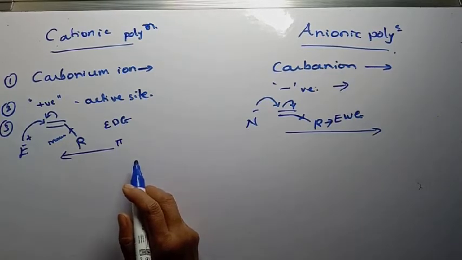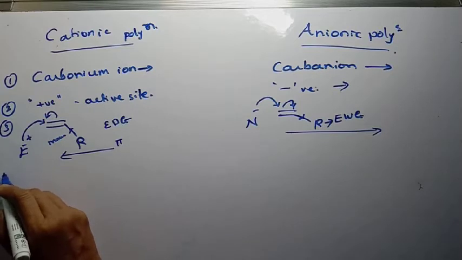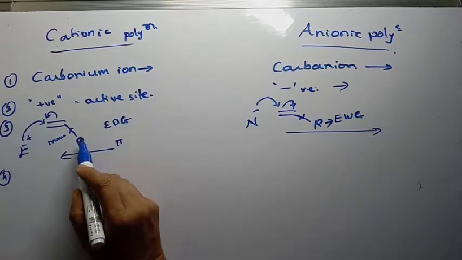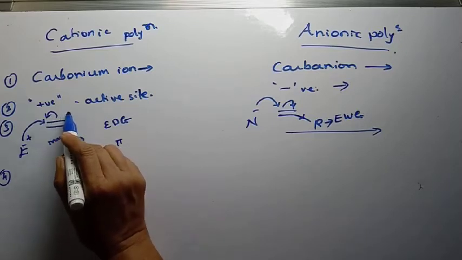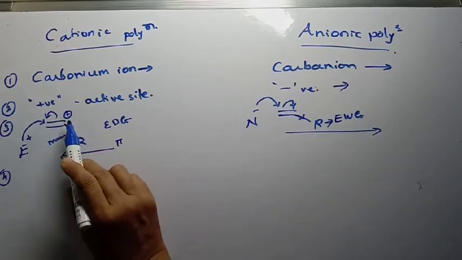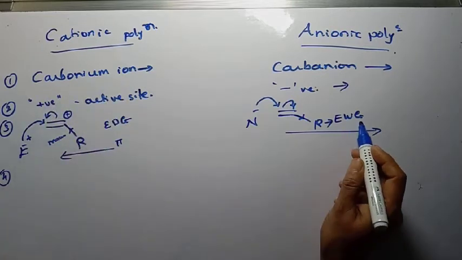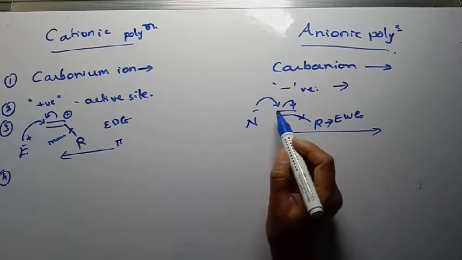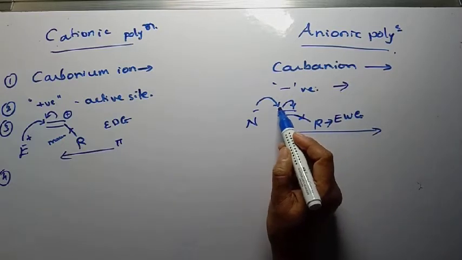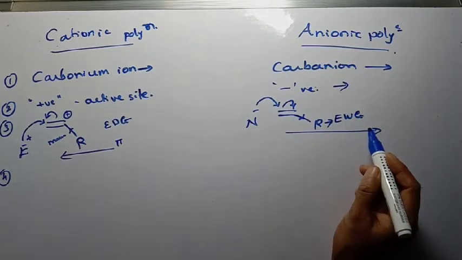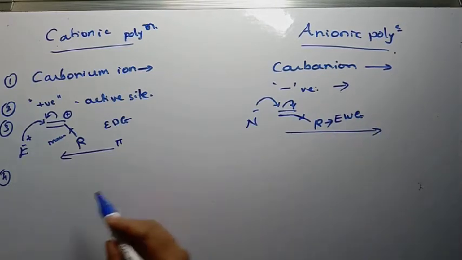Now the fourth point: the presence of an electron donating group stabilizes the positive charge on the carbonium ion, and here the electron withdrawing group stabilizes the negative charge on the carbanion.